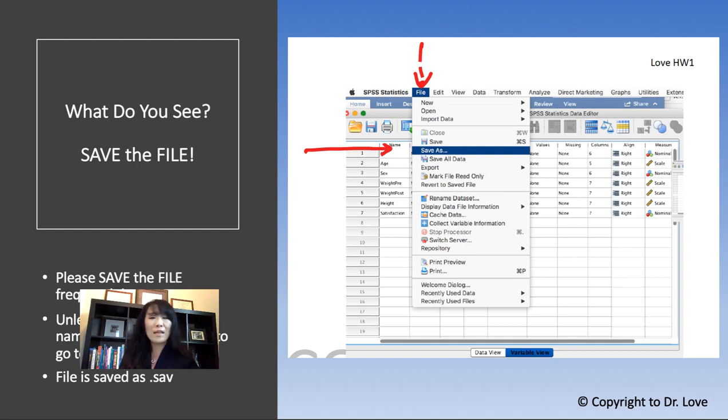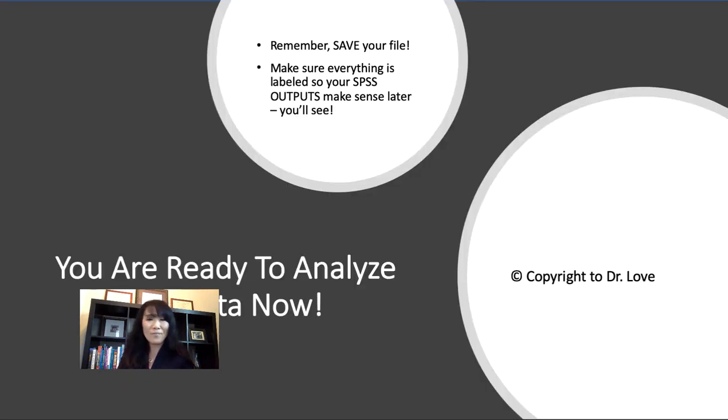The most important thing here is that once you recode and label all your variables, go to File, Save As, and save your file into a name that you can recognize for later. In this case, you can save it as homework 1 to make things easier. All SPSS data files have the extension SAV.